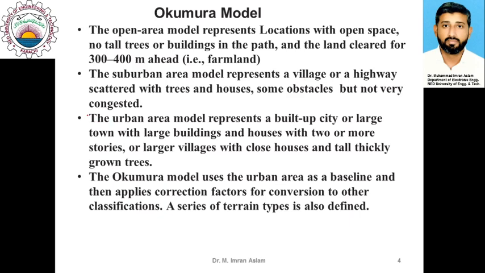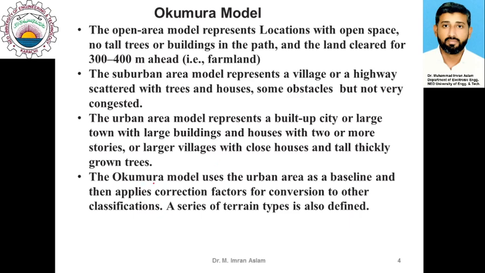The third type of environment is the urban area environment, which generally represents built up cities, where you have large buildings and houses, generally multi-storied buildings, or large villas which are very closely built, and we have thick and tall trees in the environment. So this type of environment is generally classified as an urban area environment.